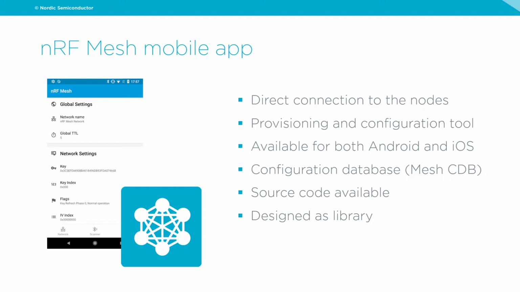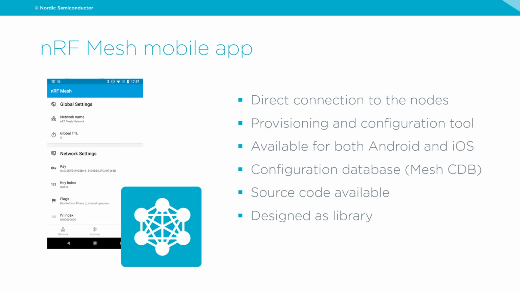We also offer the nRF Mesh mobile app. This is a tool to connect to nodes. It can act as a node itself in a network, and it provides all the features to do provisioning and configuration of the nodes. This tool is available for both Android and iOS. And one nice feature is that it implements a configuration database.